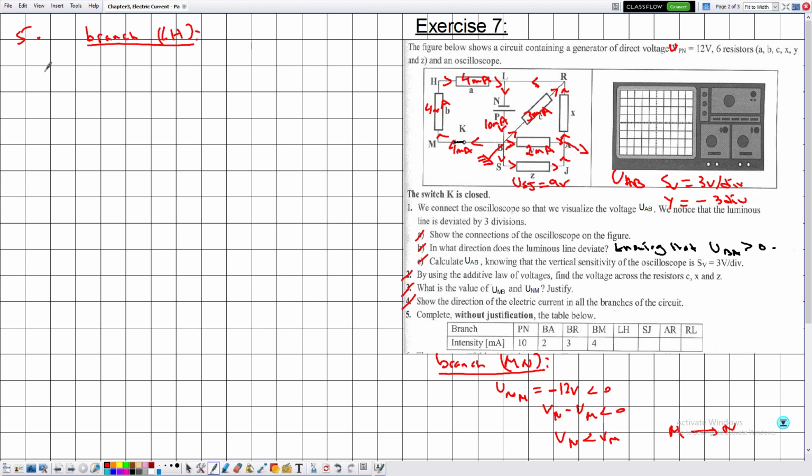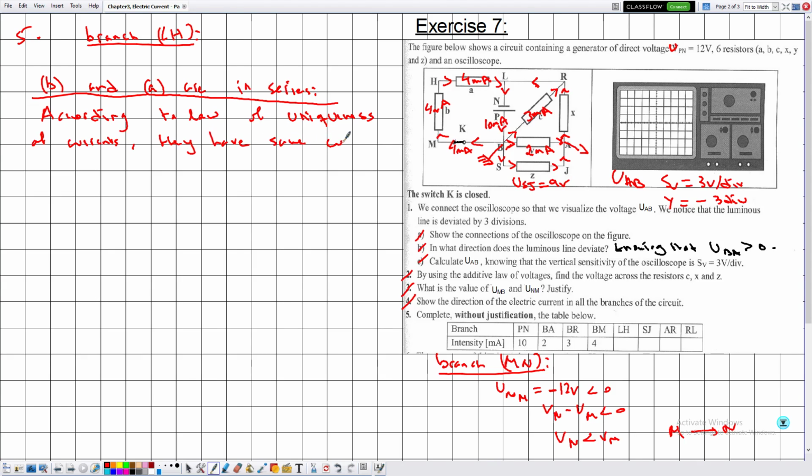Then also for the component A, B and A are in series. According to the law of uniqueness of currents, they have the same current, which is that the current of B is equal to the current of A, which is equal to 4 milliamps. So here we have also 4 milliamps.